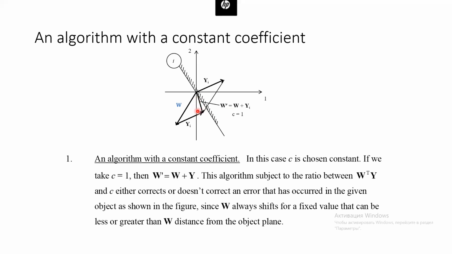You see that this new vector lies in the negative part of the plane. So it means that we need to choose C greater than 1. Yes.